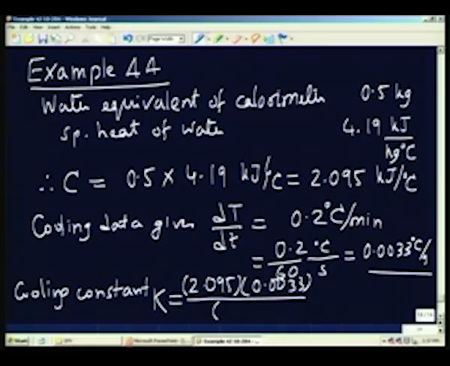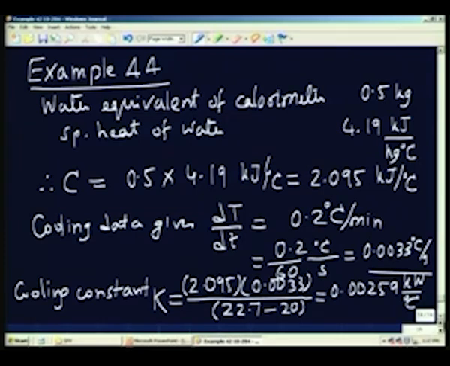This data says that the T was 22.7 when the slope was calculated, and T1 is 20. This will be your K, which comes to 0.00259 kilowatt per degree Celsius.